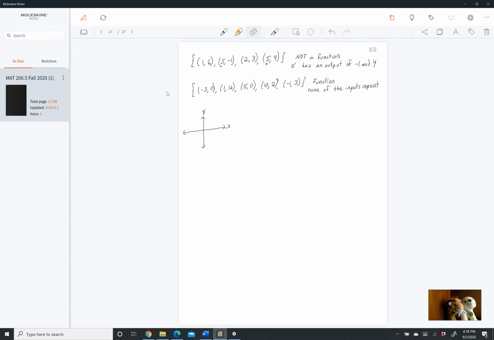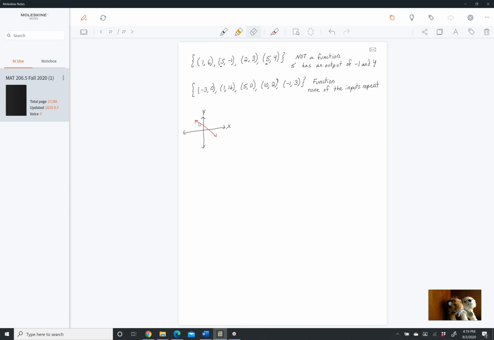So let's take, for example, a graph that looks like this. Okay. So this graph is a function. How do we know it's a function? If I go to any x value on here, and look at the corresponding y, meaning if I go up or down until I reach the graph, there's only one y value.